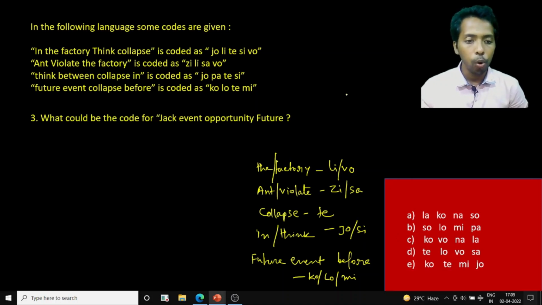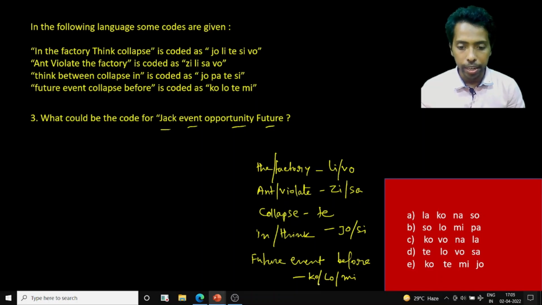Moving to the next. What could be the code for Jack event opportunity future? Only future and event are present there. Future and event are ko, lo, mi, and only these two are present, while Jack and opportunity are not in the question. So whatever code is in the option should not be similar to the given question's codes, because Jack and opportunity are not present in the question here.